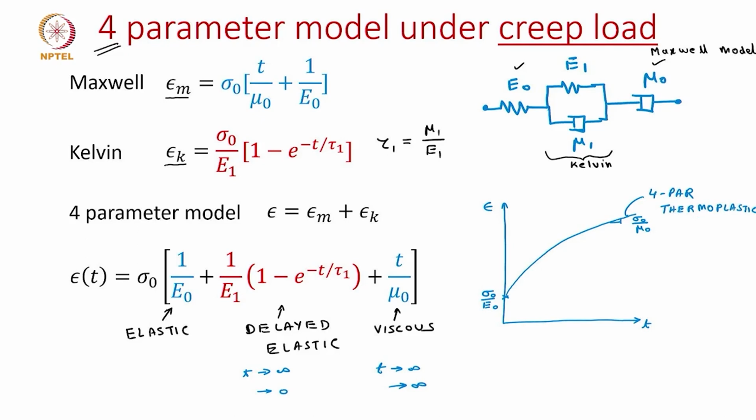But in the previous slide we looked at the 3 parameter model. What is the difference? In the 3 parameter model we only have the first 2 terms in the response, which means the elastic and the delayed elastic. So, let us see how it looks. The instantaneous response for the 3 parameter model will be the same because the free spring is still there.